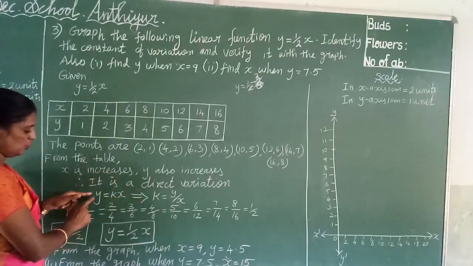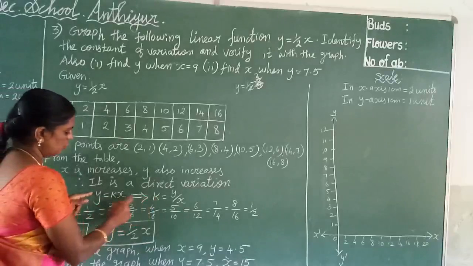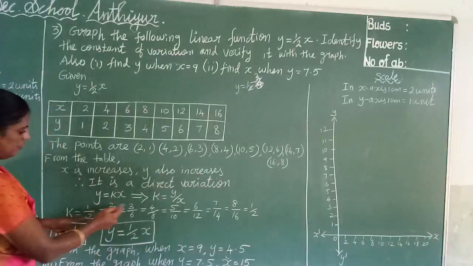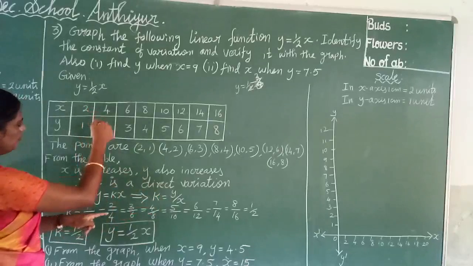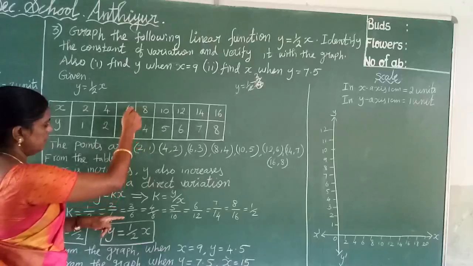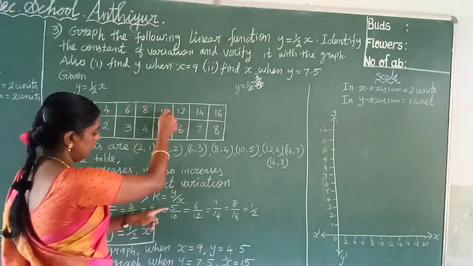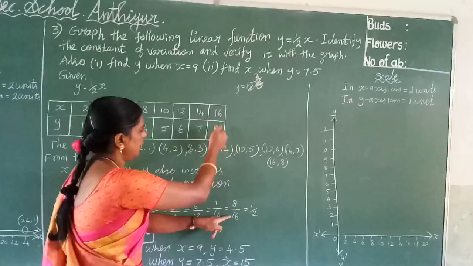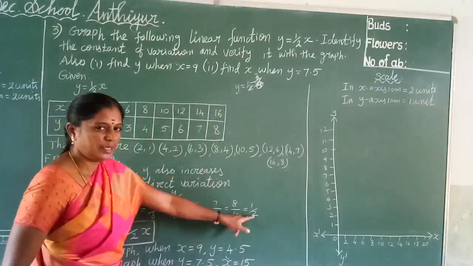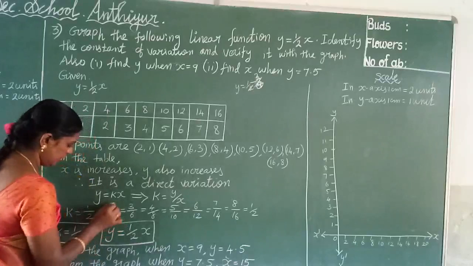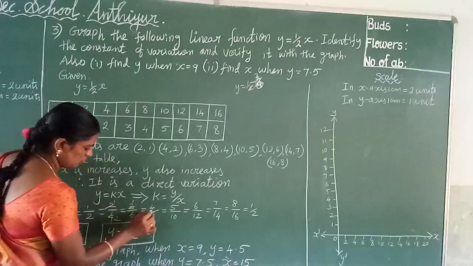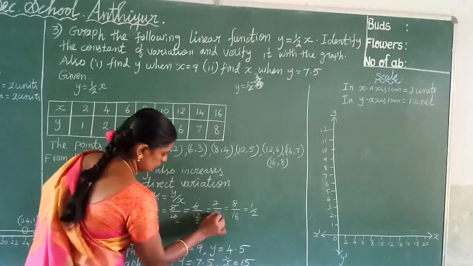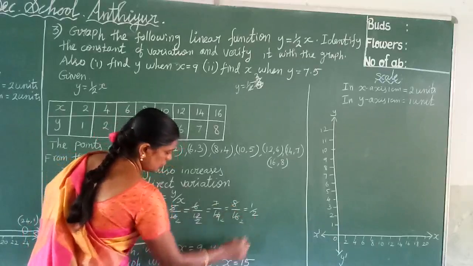So for direct variation, the equation is y equal to kx, which implies k is equal to y by x. Substituting, k is equal to 1 by 2, 2 by 4, 3 by 6, 4 by 8, 5 by 10, 6 by 12, 7 by 14, 8 by 16, which is equal to 1 by 2.